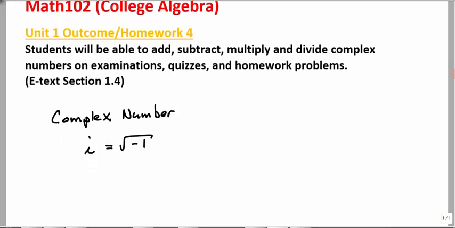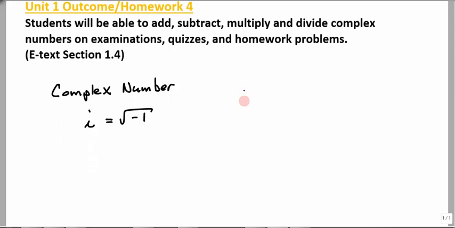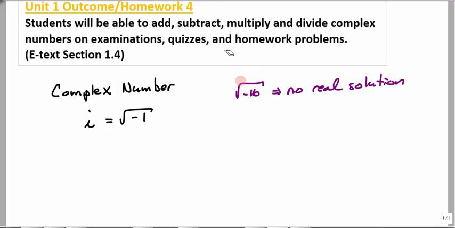Now before, when we were working problems, we would run into trouble if we had something like the square root of a -16. We would say no real solution or no real answer. That was because if I had to find the square root of a -16, somehow I had to be able to talk about this negative sign and pulling it out front, square root of a -1 times the square root of 16, then I could work with this.